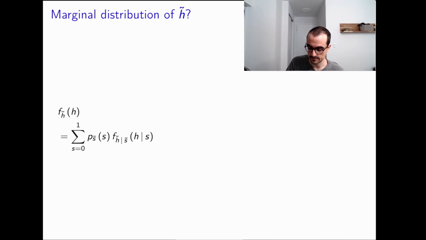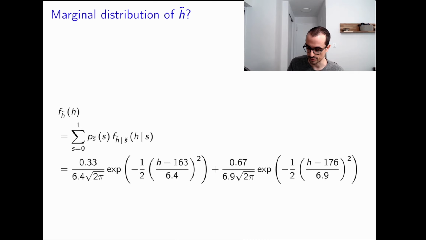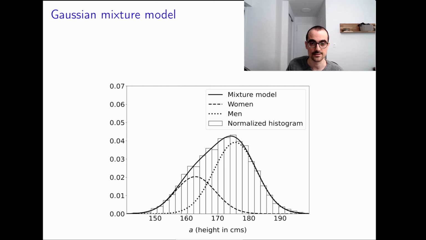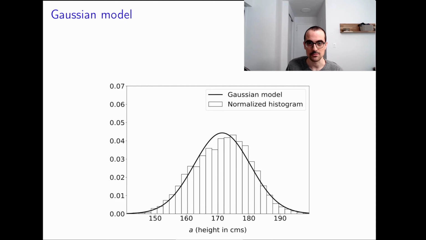The probability of male times the conditional given male plus the probability of female times the conditional given female. These are these conditional Gaussians. So you sum them together and you get this very nice Gaussian mixture model that actually fits the data very, very well. Okay, we're very happy. Much better than the Gaussian model, so very happy.